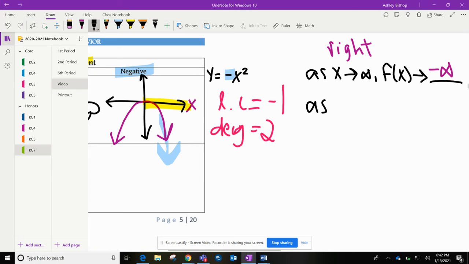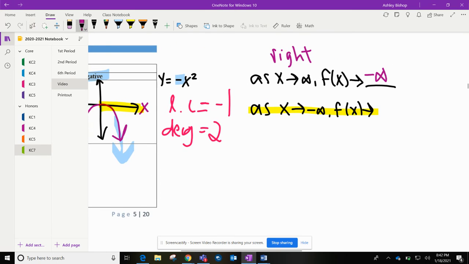As x approaches negative infinity, f of x approaches. Again, this part is always the same. Every single problem we do, this part's the same. What's going to be different from each problem is your actual answer of where that graph goes.